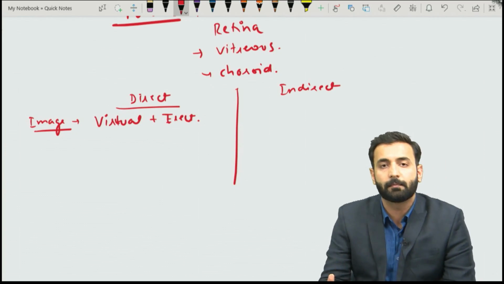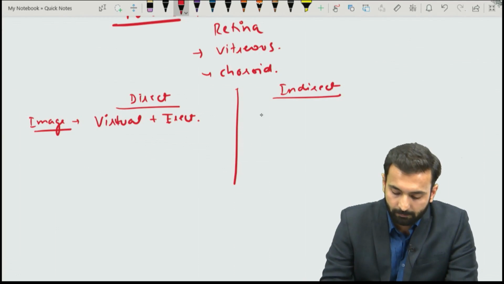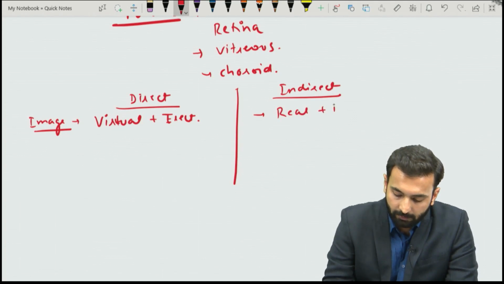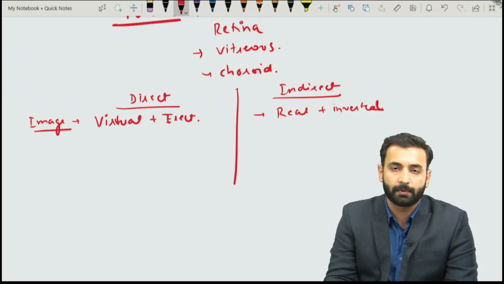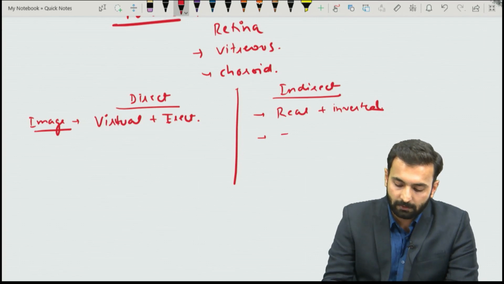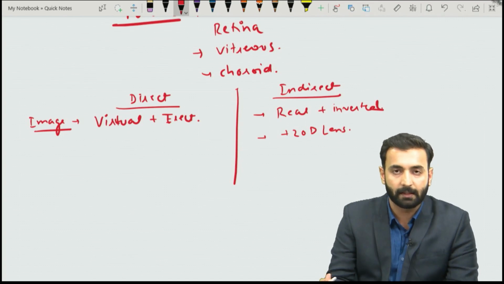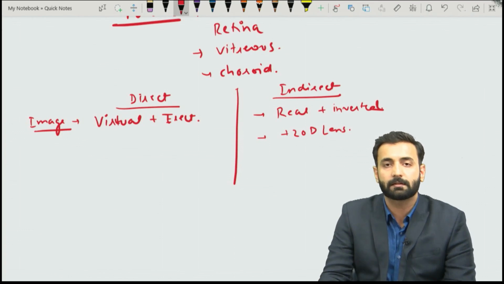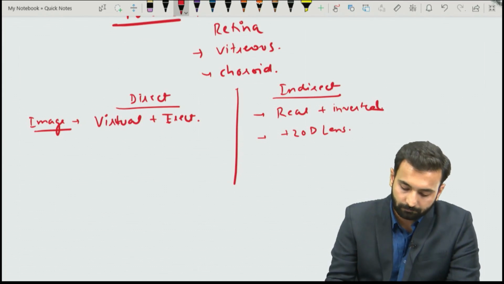A virtual and erect image is formed in direct ophthalmoscopy, whereas in indirect ophthalmoscopy there is a real and inverted image, right? A +20 diopter condensing lens is used in indirect ophthalmoscopy, whereas no lens is used in direct ophthalmoscopy.